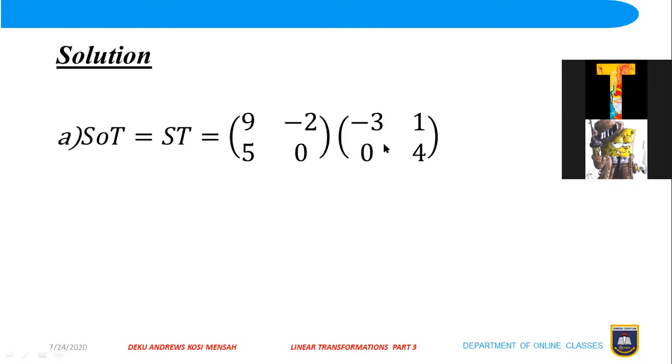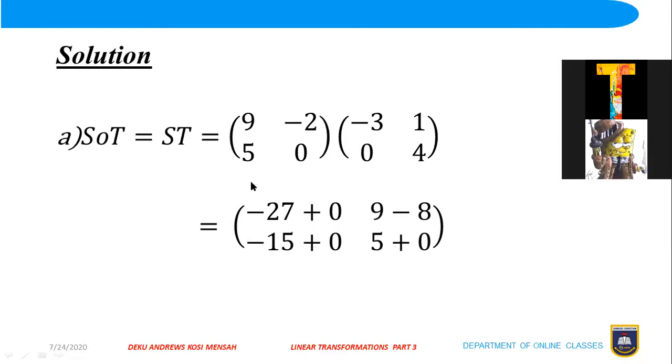And the matrix T, we have negative 3, 1, 0, 4. We know matrix multiplications already. For the sake of those who were not here, this is what we do.